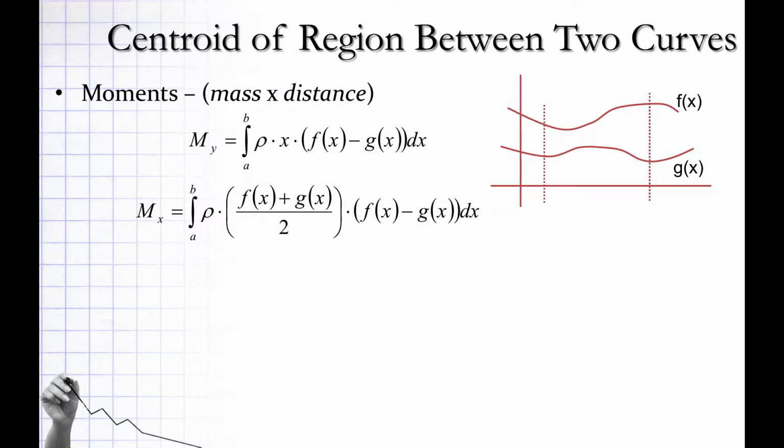Density times area gives us mass, times the midpoint. Some of you might want to rearrange that a little bit, and that's fine. I think our book has it as 1/2 rho times the quantity f of x squared minus g of x squared, because you end up with a difference of squares. If you'd like to do that, that's fine, but I like for you to know where everything comes from.